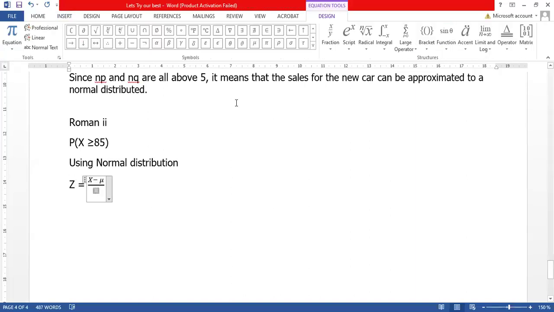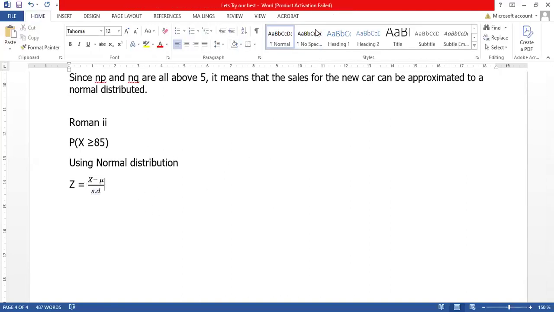Z is equal to what? If you have challenges with standard deviation, you can use just SD. So it means that here you will standardize this. And because you're dealing with inclusive figures, recall this.